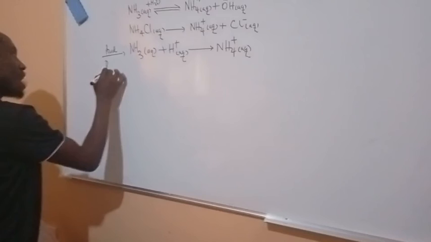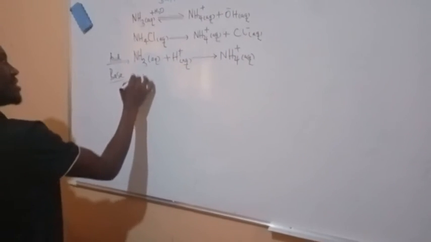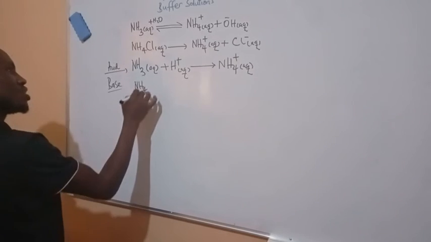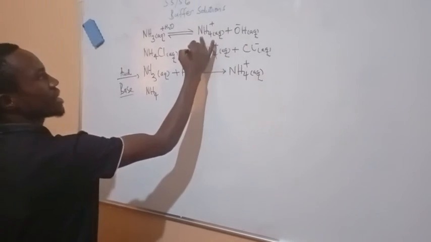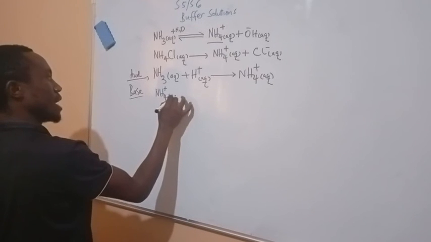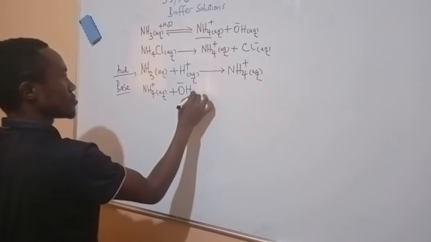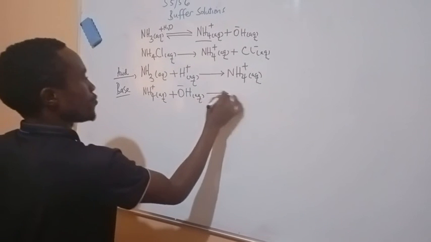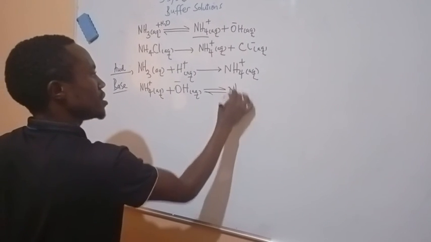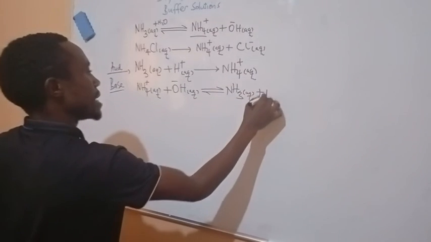On introduction of a base, it will be the ammonium ions from the partial dissociation of the ammonia molecules. So the ammonium ions from there will react with the base introduced to form ammonia molecules and water.